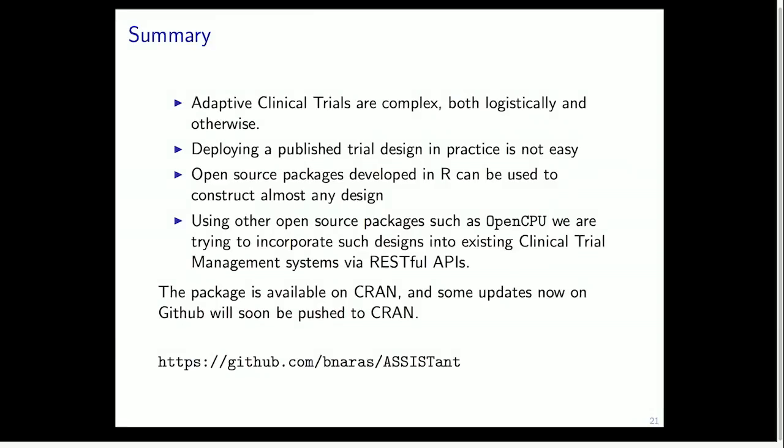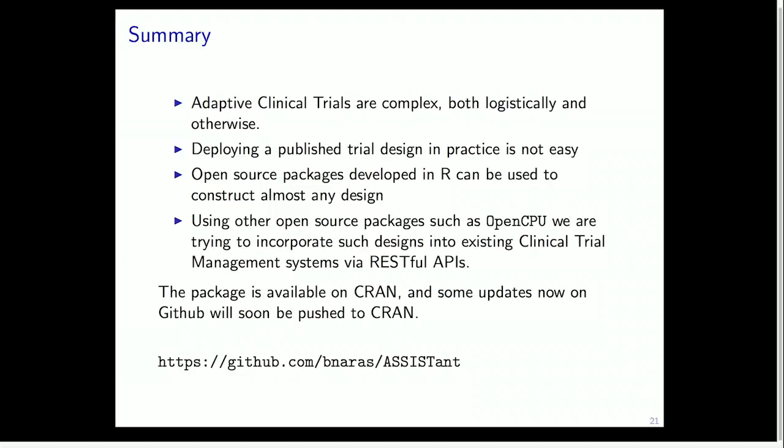But I think my summary here is the following, and maybe I can make this comment overall. R really is focused to help in this regard, because every time I look at a trial design and I go and try to implement it, it's written in some obscure journal, and actually recoding that procedure is a nightmare, number one.